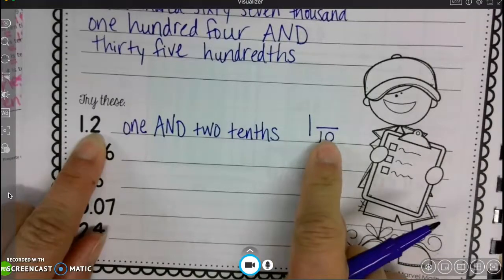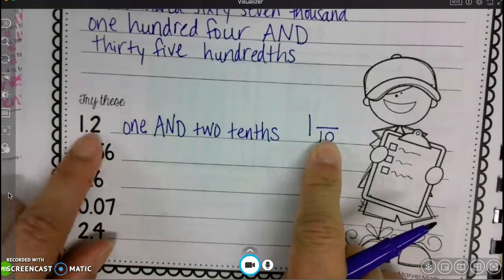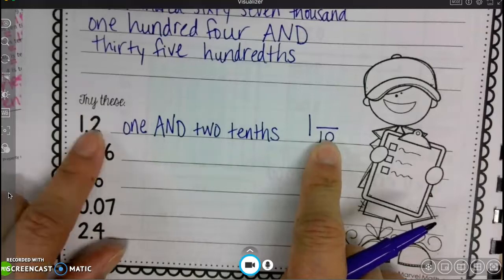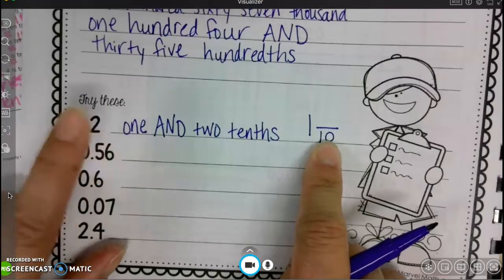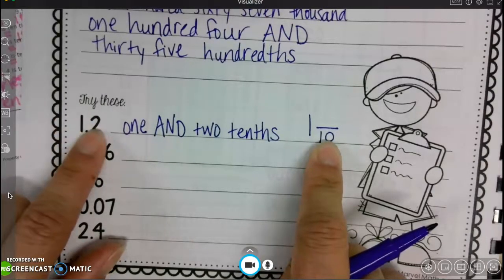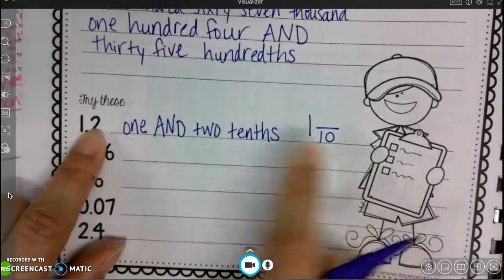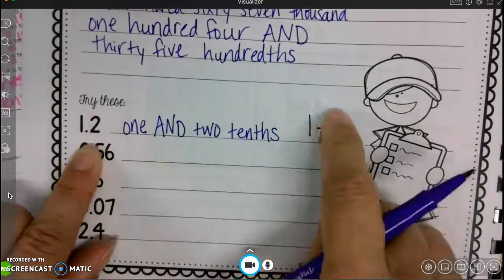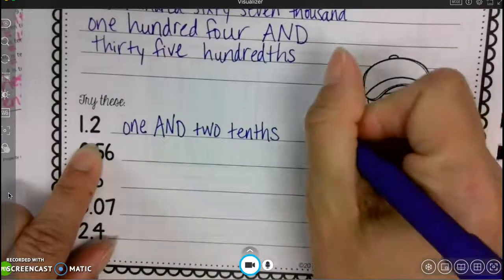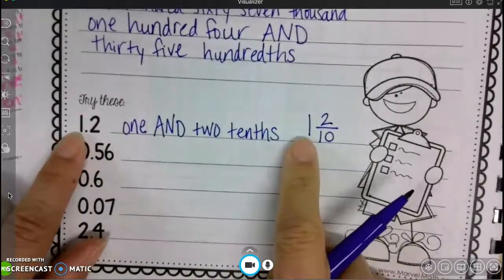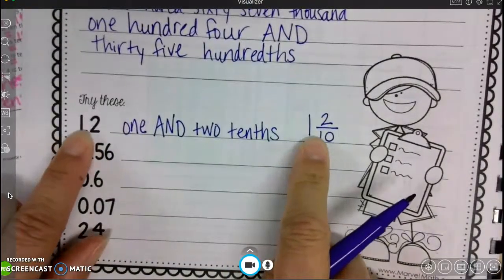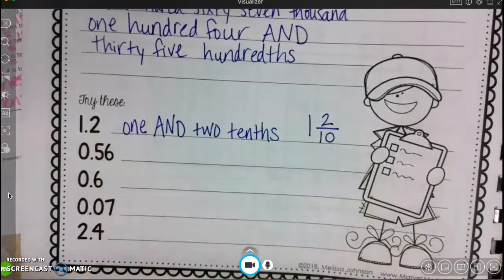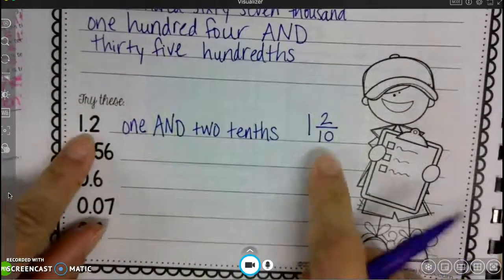Just like this is tenths, the last place value position used over here is the tenths place. So whatever the last place value position used is the denominator of your fraction. And then whatever is over here goes as your numerator. So my 2 is going to be the numerator. These both say 1 and 2 tenths, written as a decimal or as a fraction.